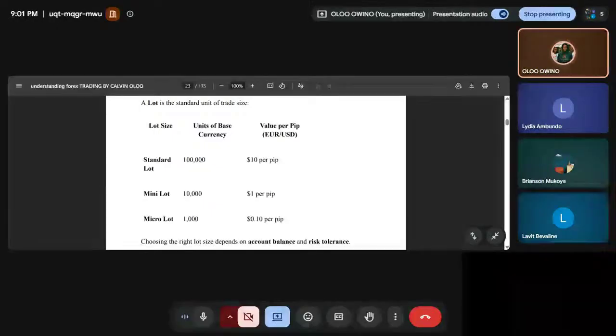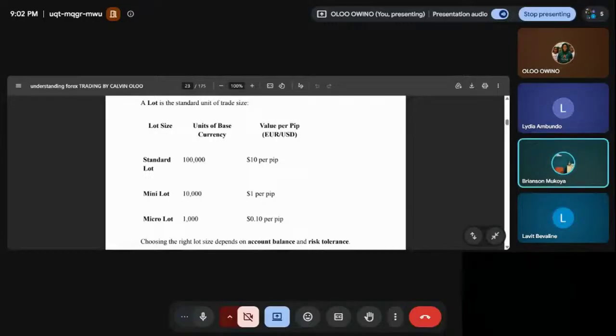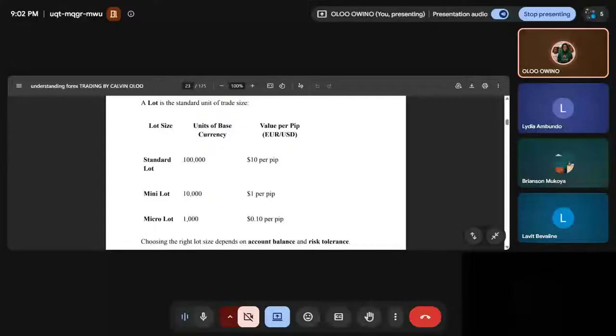Now we have micro lot, whereby 1 pip is equal to 10 cents. So if you lose 10 pips, you're going to lose $1. So it depends on your account size and your risk tolerance. Do you understand there? But you cannot trade one standard lot on a $10 account.